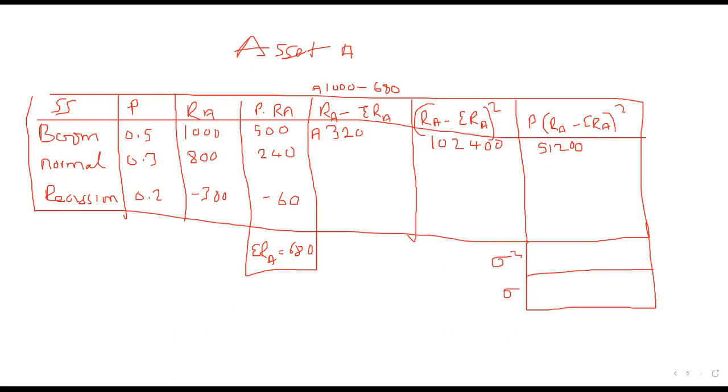So let's go to the next level. How do we work out B here? 800 minus 680 gives 120. And what did we do to the 120?